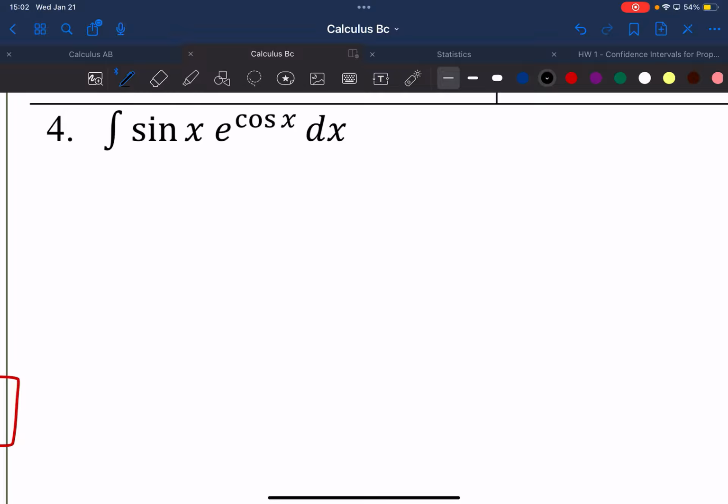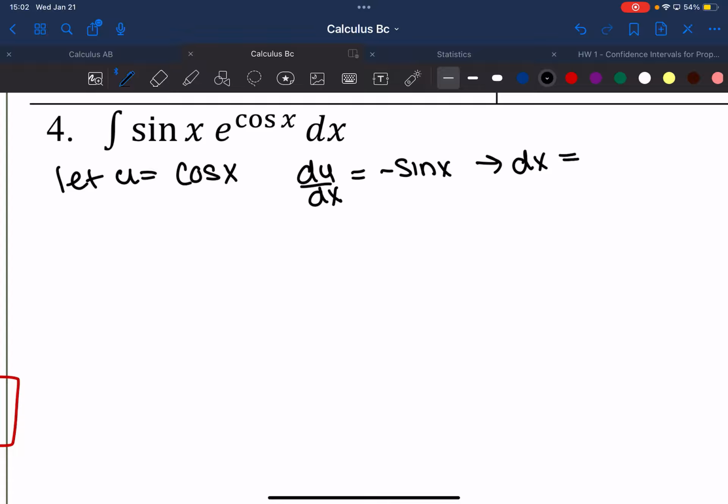Technically, yes, right? That could be cosine x. So let u equal cosine x. So du dx is equal to negative sine x, which means dx is equal to du over negative sine x. This is good, right?